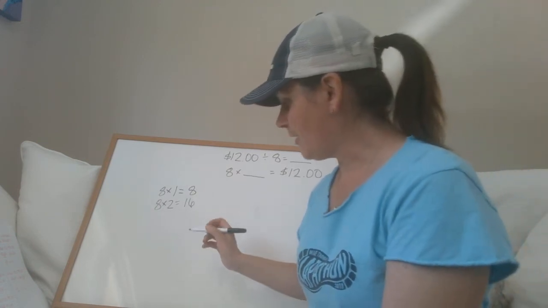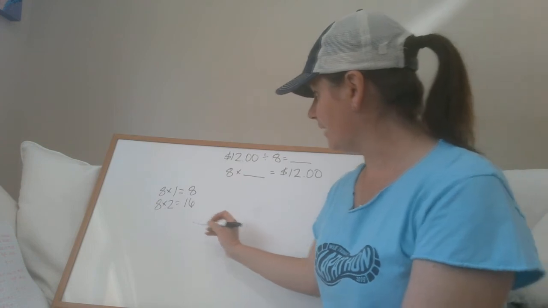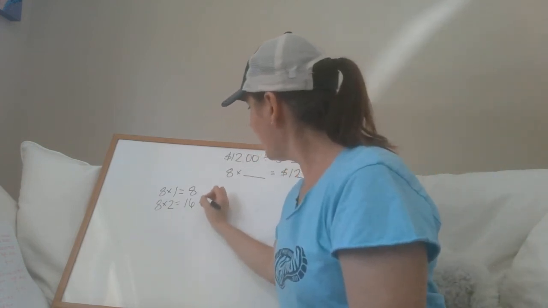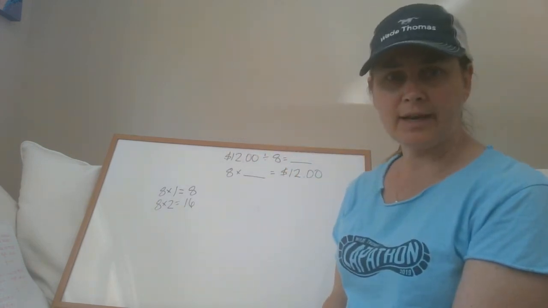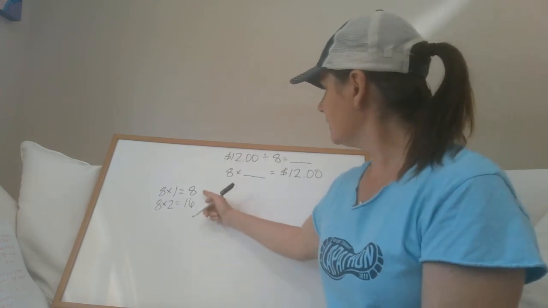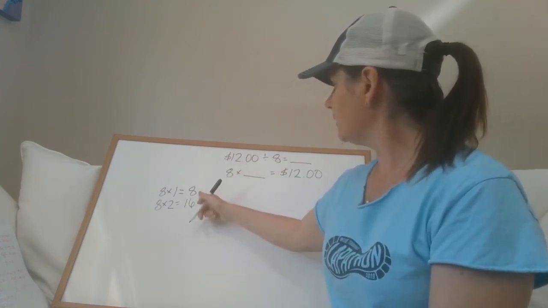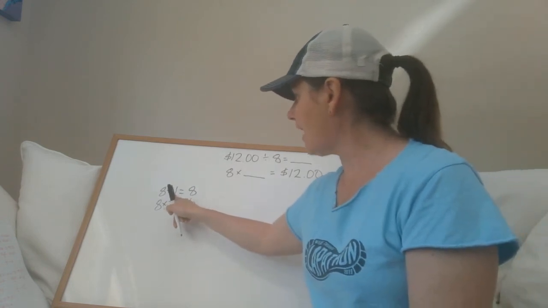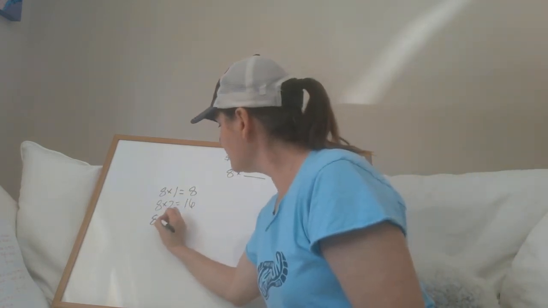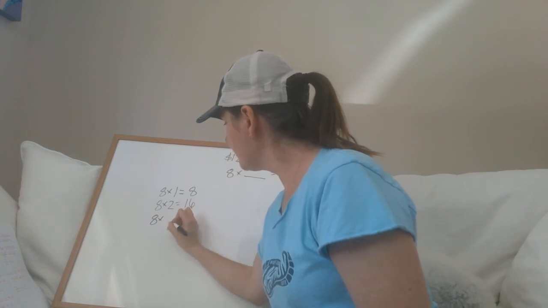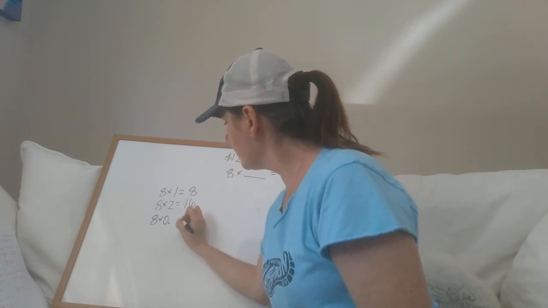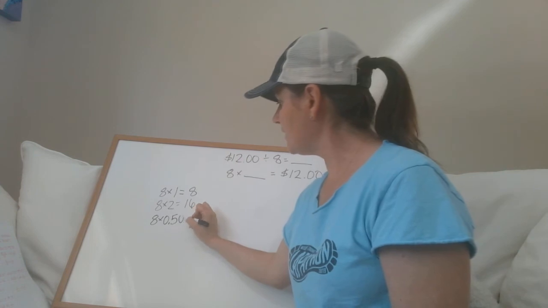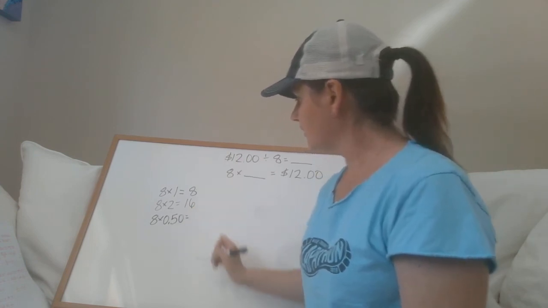Okay, so if I were to then say, I need $4 more, right? Because 12 minus 8 is 4. So what I could do is take half of this 1, and say 8 times 50 cents, right?